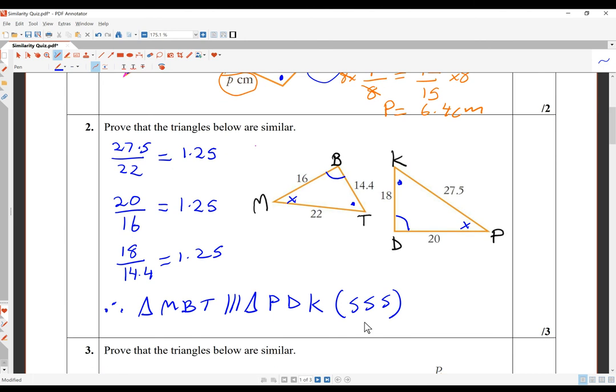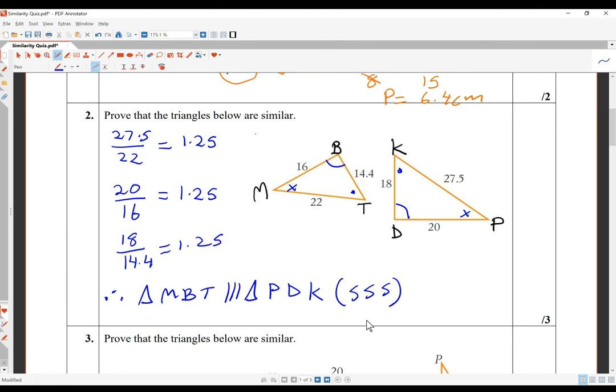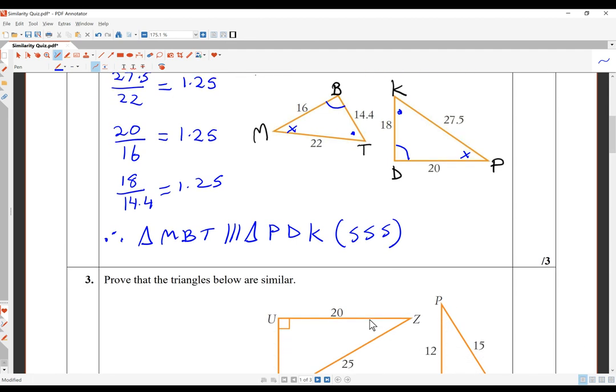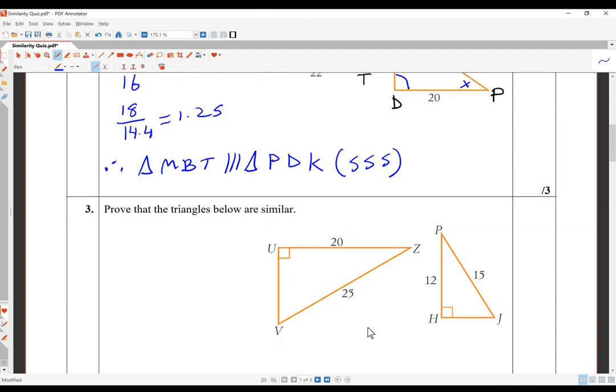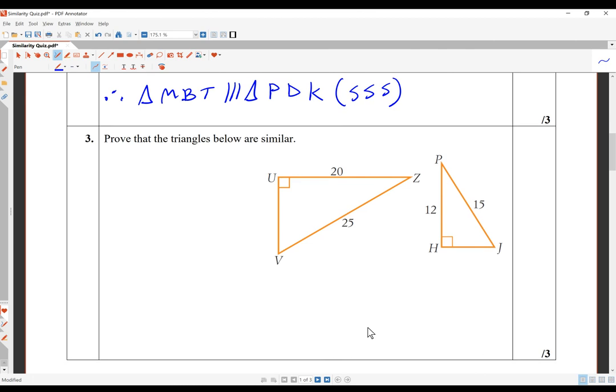So the next one is question 3. Okay, question 3. All right, I've got to prove that these triangles are similar. Now, you're given that here's a hypotenuse there, and then there's a hypotenuse there.